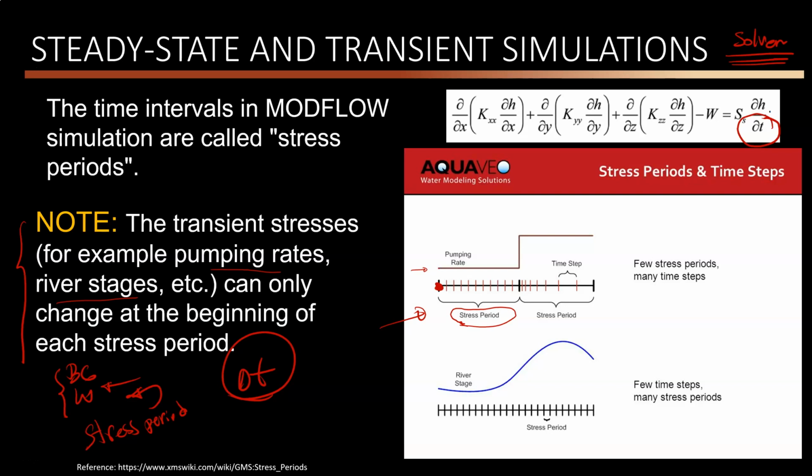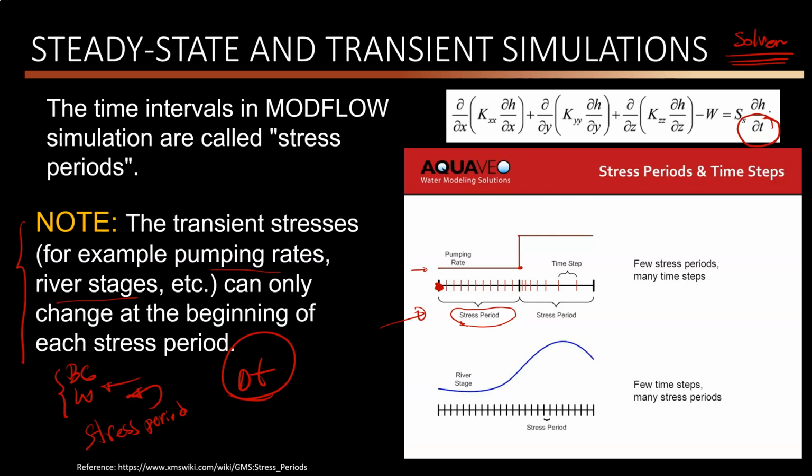As you see, it is constant within the stress period, and again at the beginning of the next stress period, it can go up and it is constant like this. Usually for pumping we have this pattern, so it is not problematic.